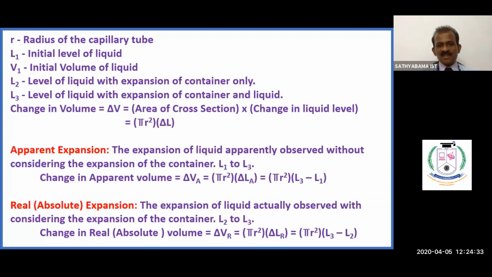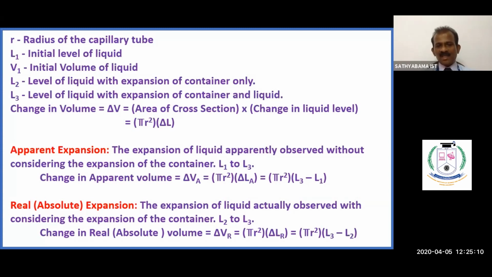First, apparent expansion. The expansion of the liquid apparently observed without considering the expansion of the container. If you are not considering the expansion of the container, that means initial level is L1, final level is L3. If you take these two levels, that must be apparent. During that time, we get the apparent volume only. Therefore, change in apparent volume is del VA, nothing but pi r squared del LA, that is pi r squared into L3 minus L1.